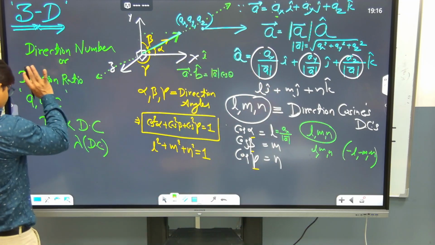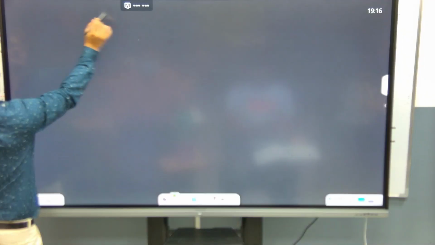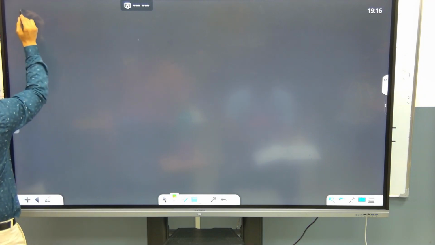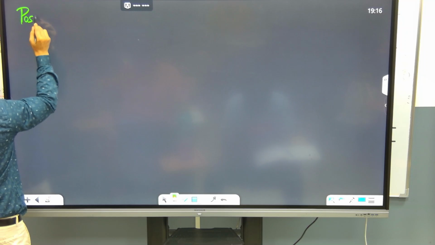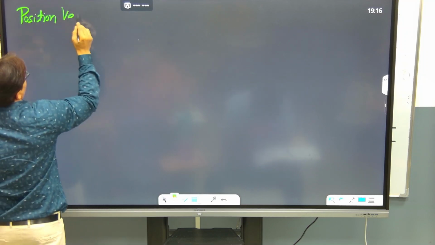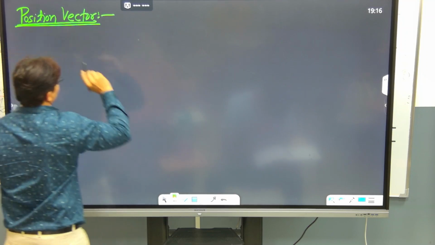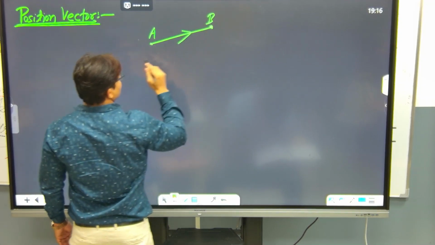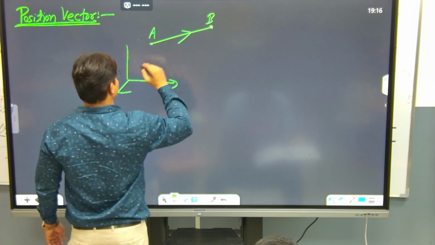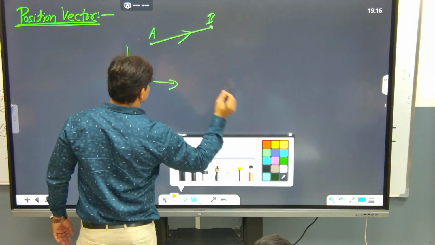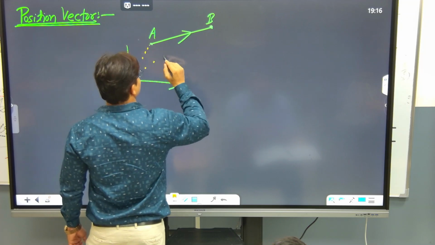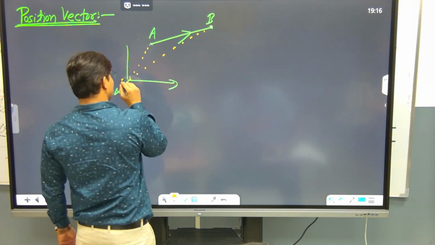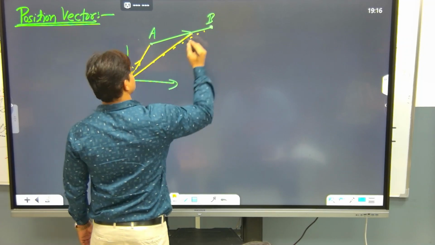Okay. Now in 3D, first important point. If a vector is given, now in terms of position vectors of two points, for example, if we have one vector A, other vector B, and we have the corresponding position vectors of vector A as well as vector B. By using the triangle law of addition of vectors, we can write this is OA vector, this is OB vector.